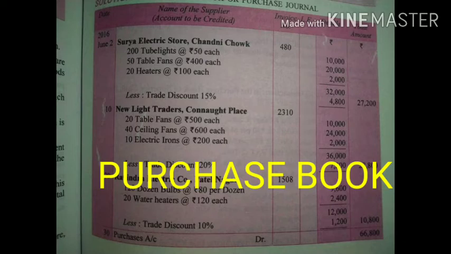Second thing, as I told you, only credit purchases are recorded. Why are cash purchases not shown? The reason is that cash purchases are already shown in the cash book, because when we buy goods on cash, cash goes out of the business and that is entered in the cash book.